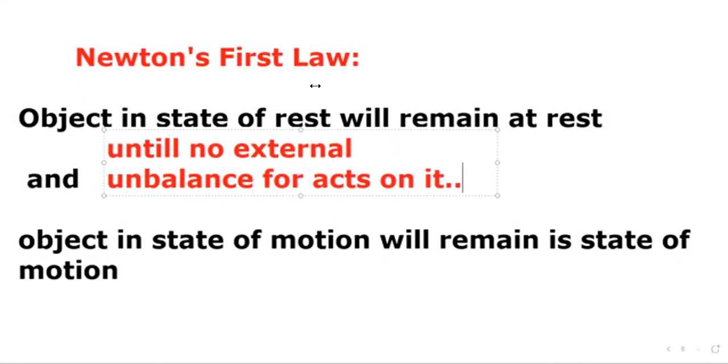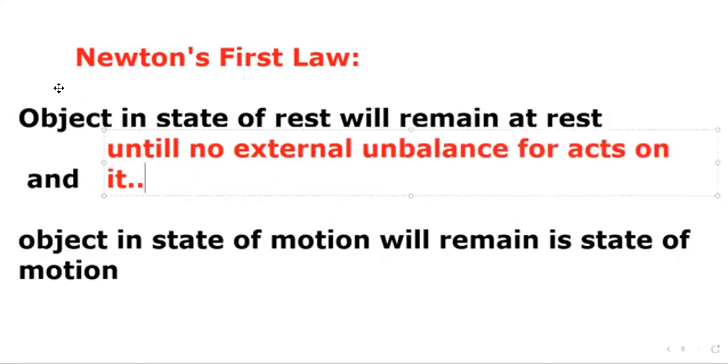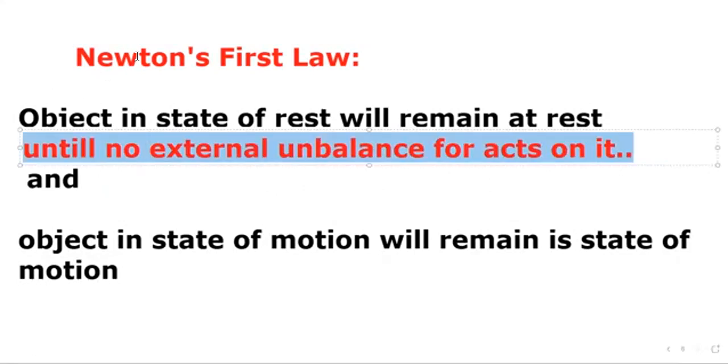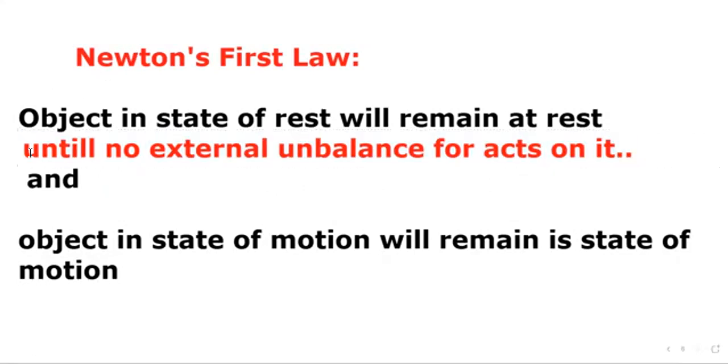So an object in a state of rest will remain in a state of rest until an external, unbalanced force acts on it. This is the first statement of Newton's first law. And the second statement is, an object in a state of motion will remain in a state of motion until when?